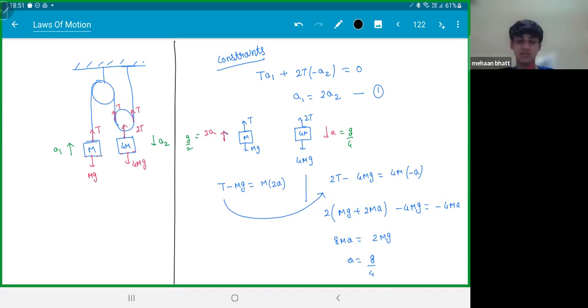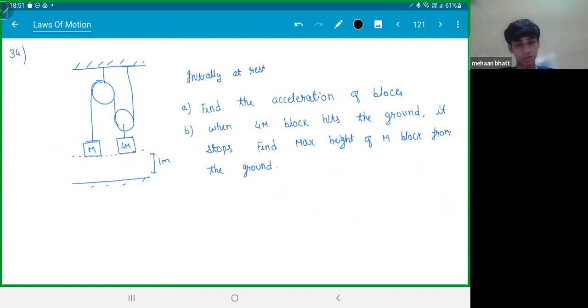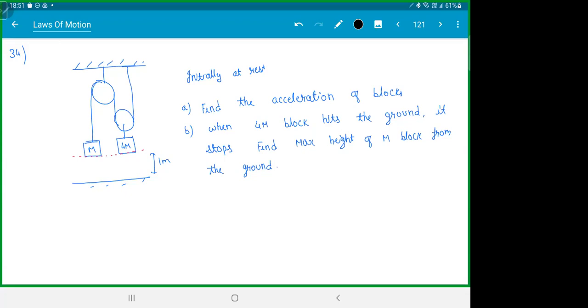So can you show the question? When 4m hits the ground, why should m stop?